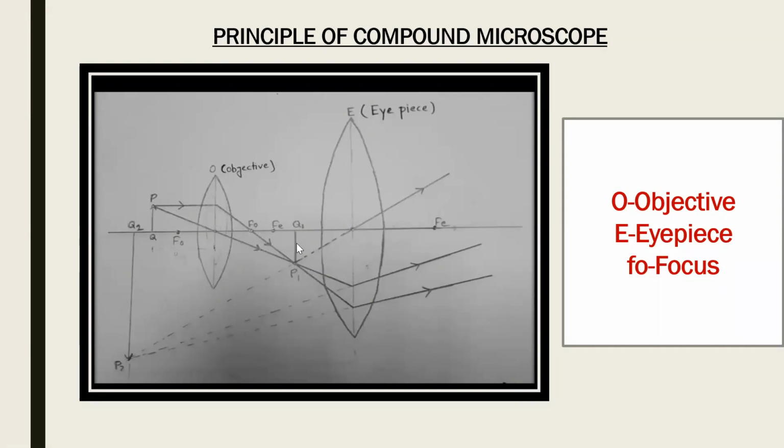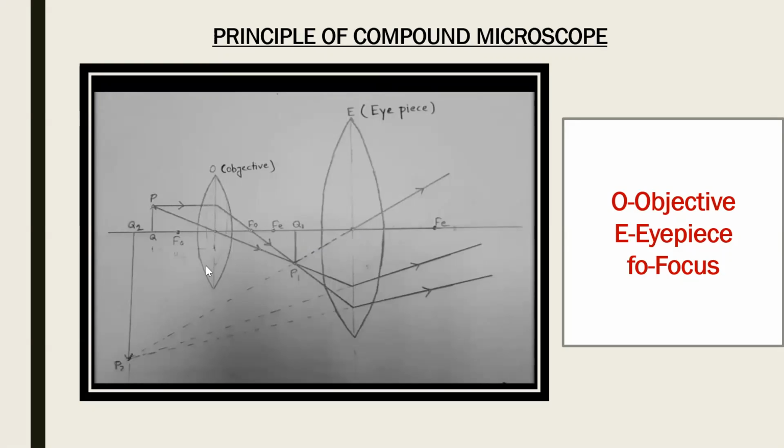You can see the image P1Q1, right? Is it erect or inverted? This is PQ. Inverted. It is inverted and it is real, right? Now this will act as the object for the eyepiece.